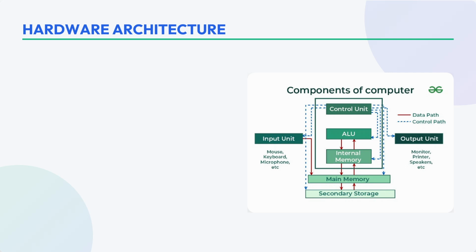First is the input unit, where we give data or values to the computer for further processing. Next is our control unit, which handles the data flow and how data will be manipulated for the effective generation of the output.